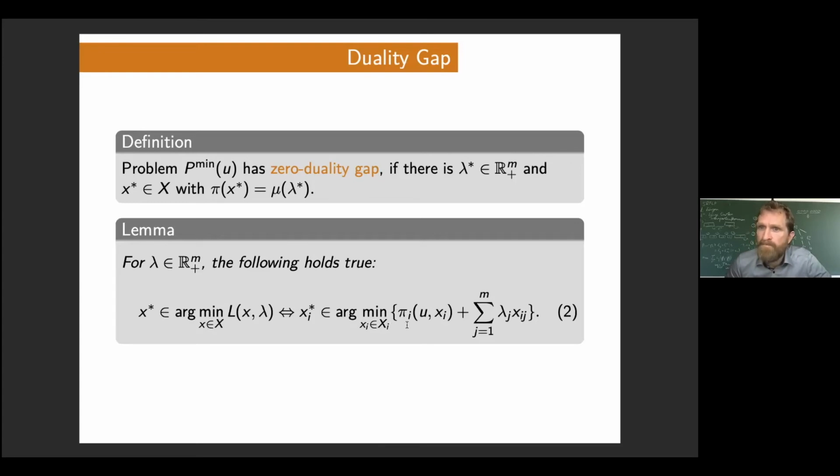And this is due to two things. The resource usage we can decouple per player. And the objective, by assumption, only depends on what player i does. So that's also decomposable. So we can really decompose this Lagrangian. That's just by assumption. That's, I think, a two-liner. This almost requires no proof.